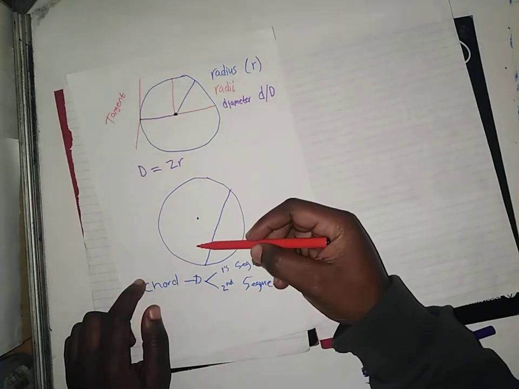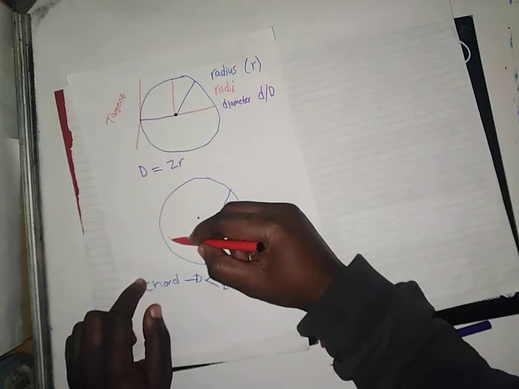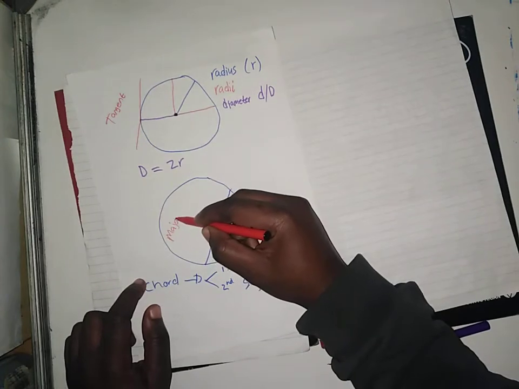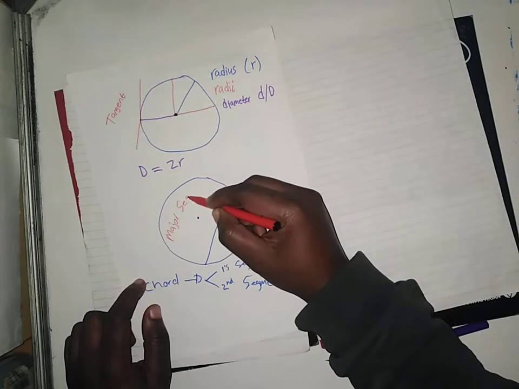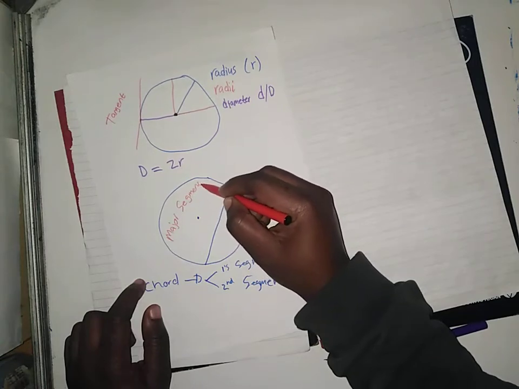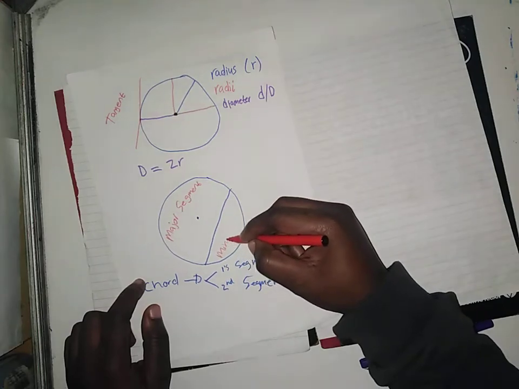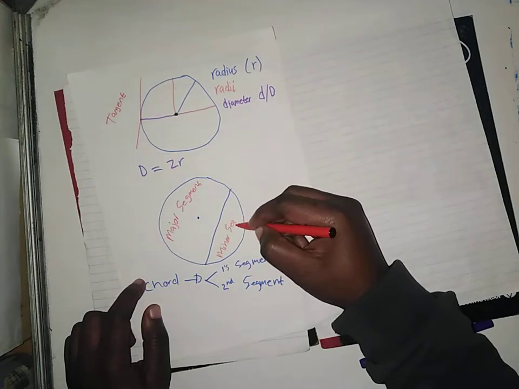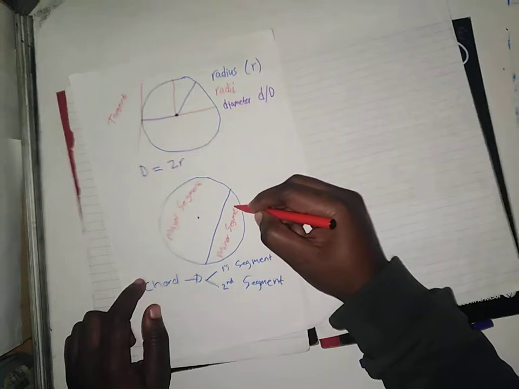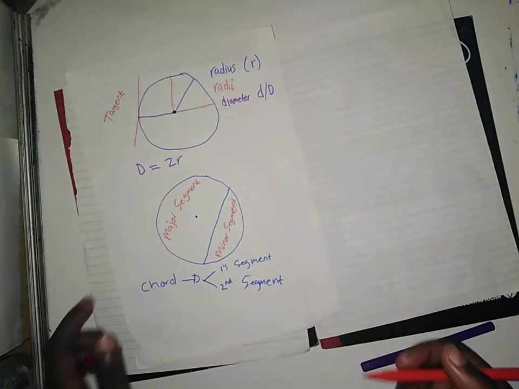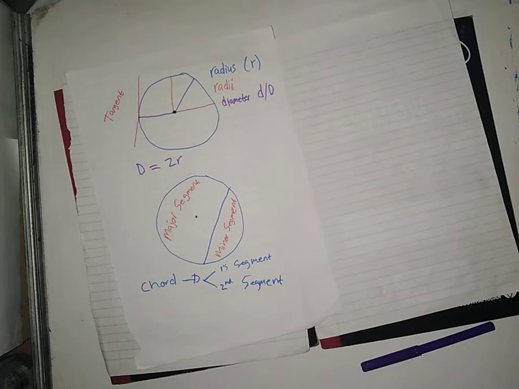So the biggest segment, we call it a major segment, and then this one we call a minor segment. Which simply means a small segment. Whenever we're speaking about minor, we are speaking about something that is small. Right?